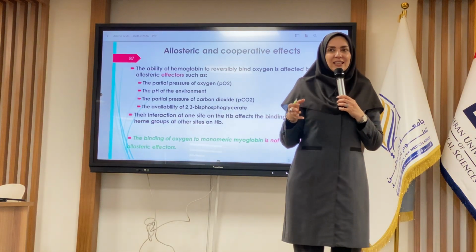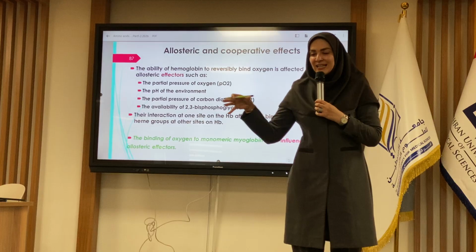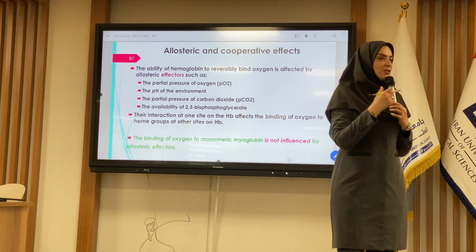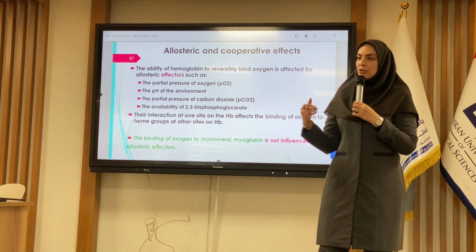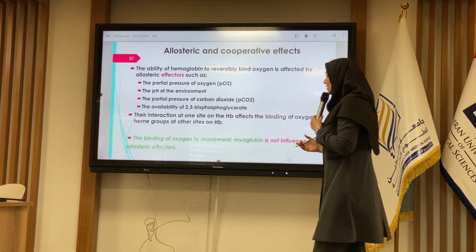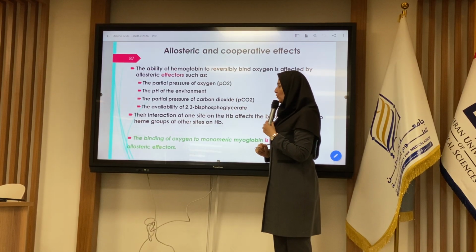Hemoglobin has another space that some molecule other than oxygen can bind to, to control the function of this molecule. At first, as I mentioned, oxygen can bind to the hemoglobin.